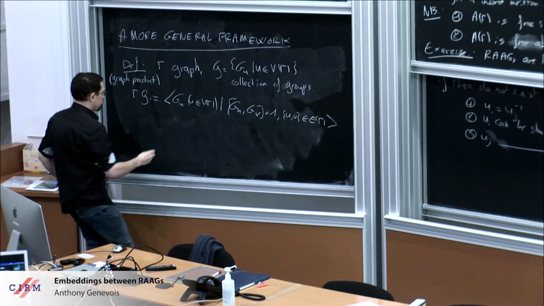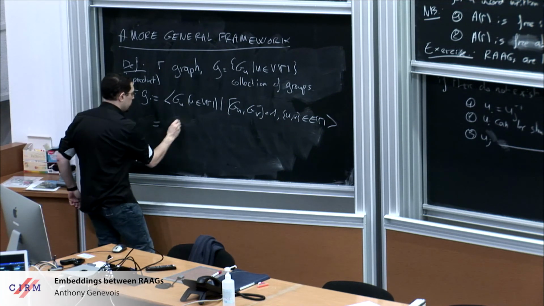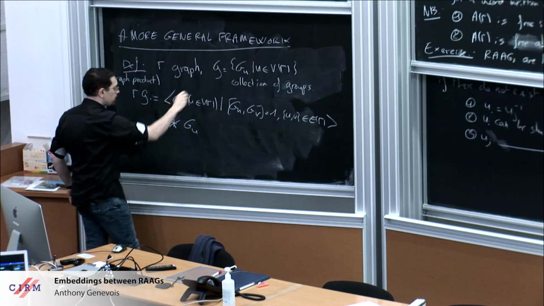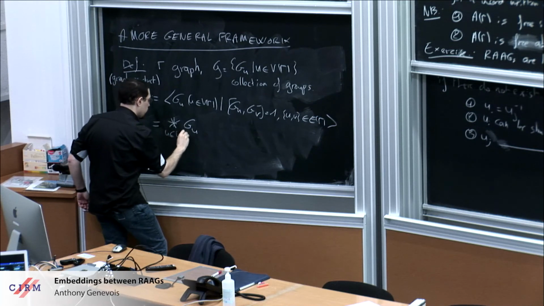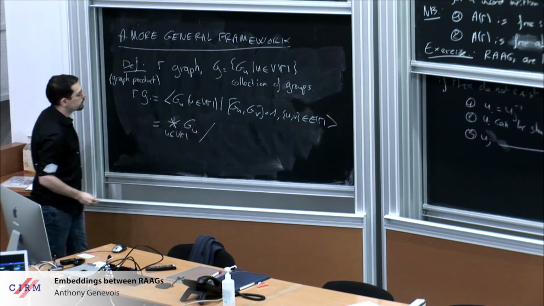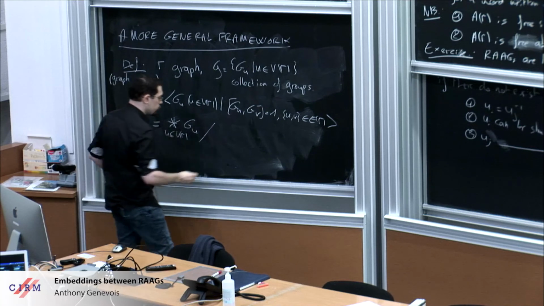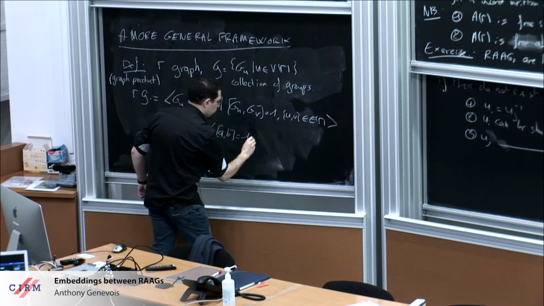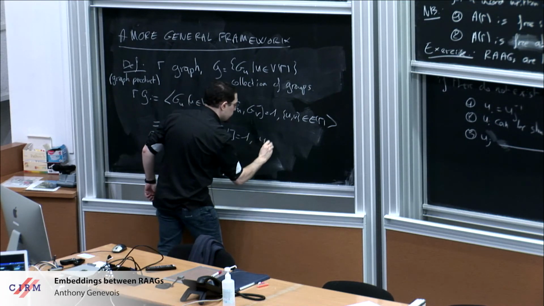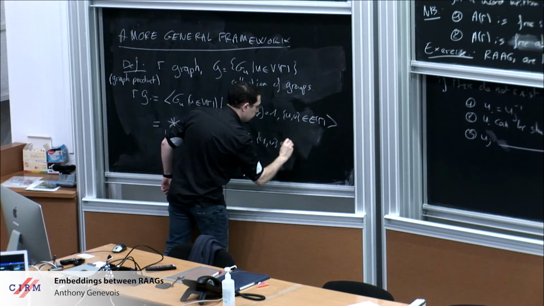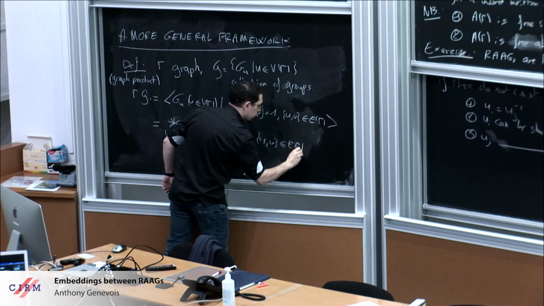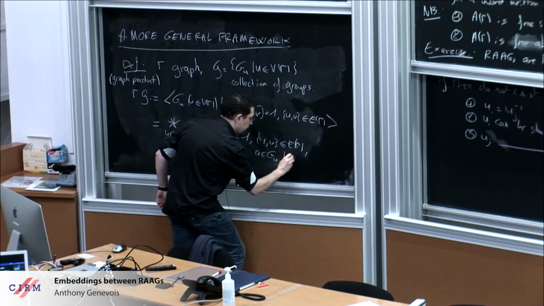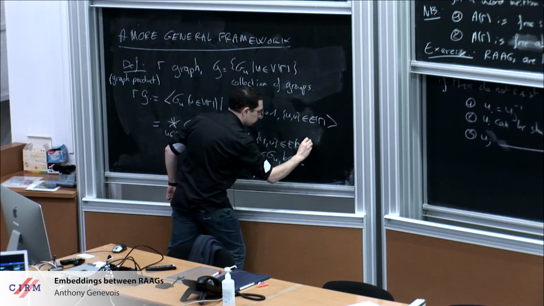So maybe I should expand a little bit. What I'm saying here is that I'm taking the free product of all the groups in my collection, and I mod out by adding some commutator relations. I say that A and B commute whenever U and V are adjacent in gamma, and A is inside GU and B is inside GV.